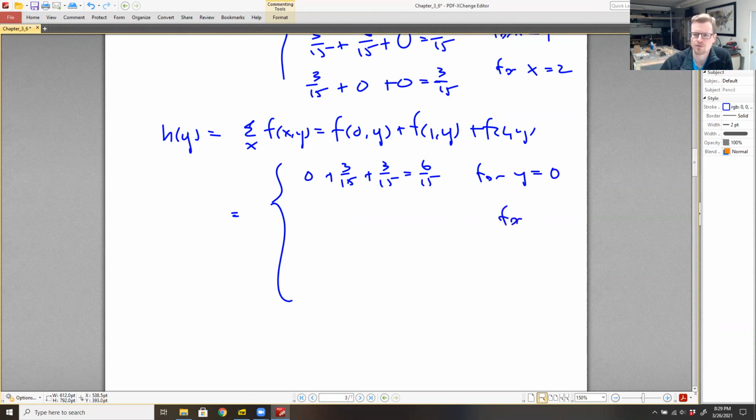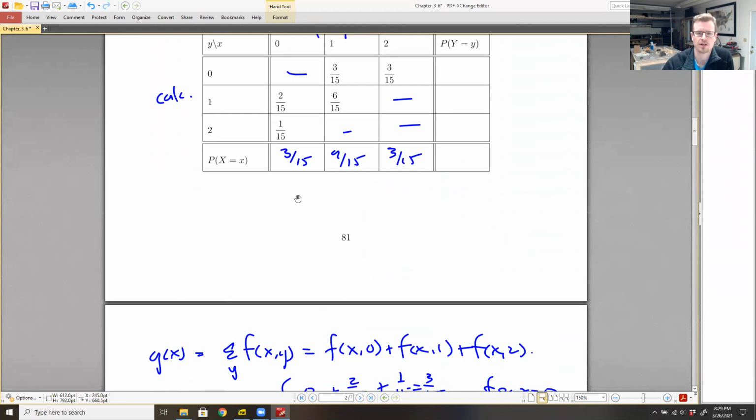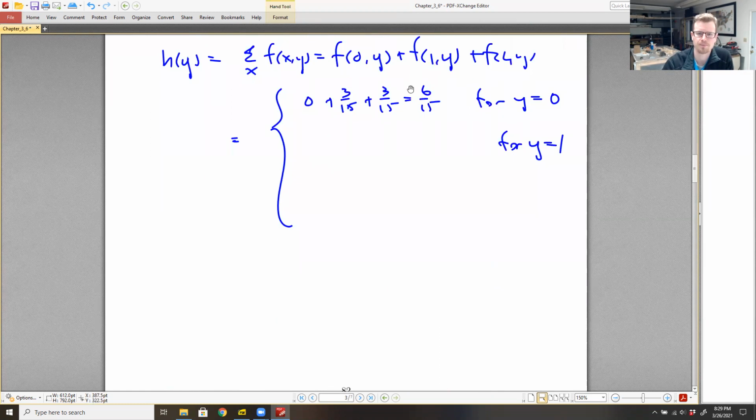And next we want y equal to 1. So we go along here, f of 0, 1, f of 1, 1, f of 2, 1. So 2/15, 6/15, and 0 is 8/15.